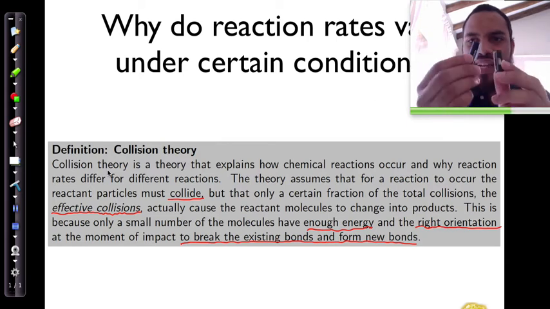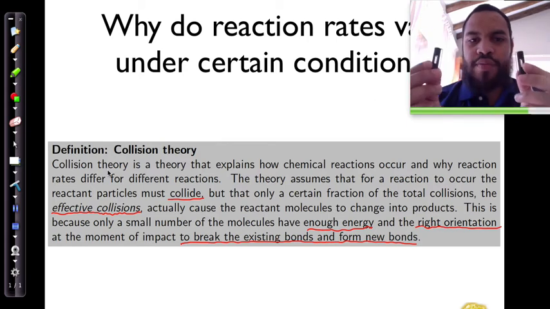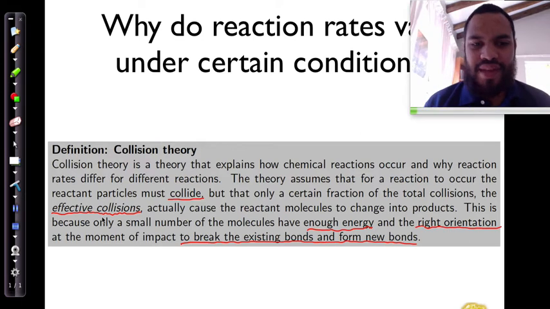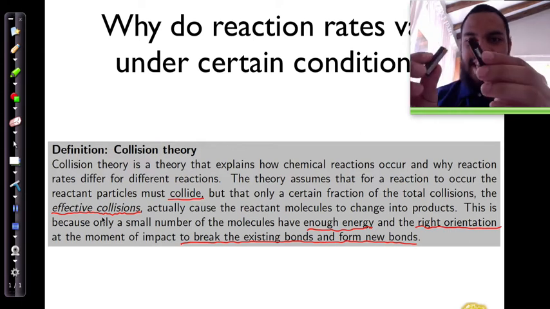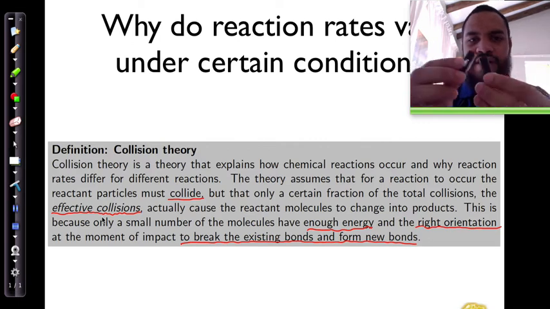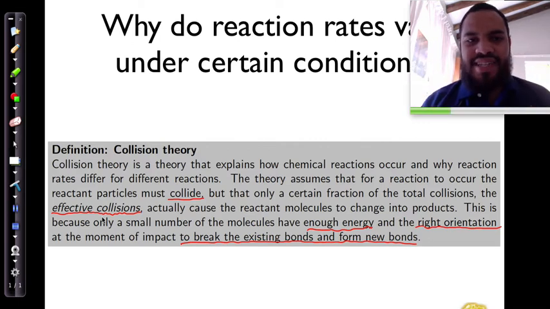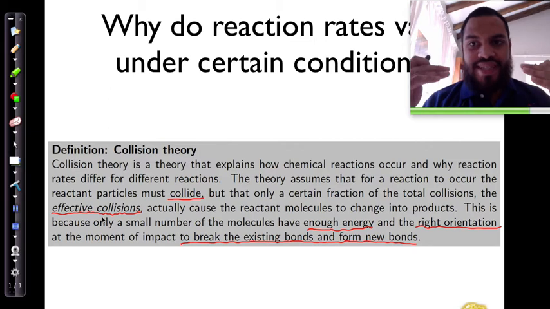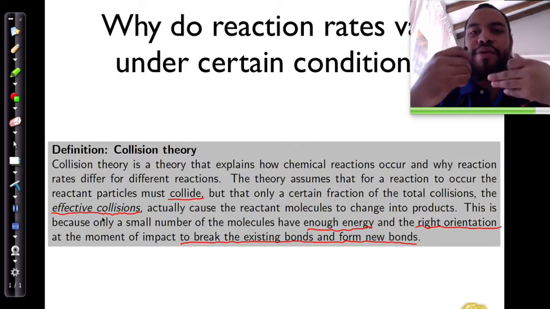Now not every collision is going to be what we call an effective collision. Effective collisions are the collisions that collide appropriately. Think of two cars, if they make an accident, if they knock into one another, if they collide head on, face to face, that's going to be the worst collision. In this case, it is going to be the most effective collision.